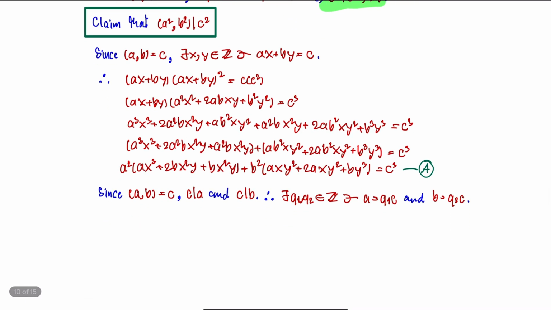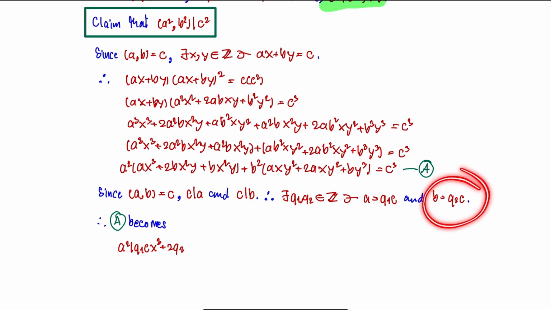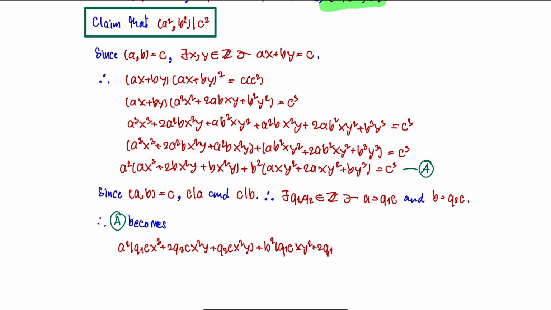Then what happens to equation A? Equation A becomes a squared times (q1c x cubed plus 2 q2c x squared y plus q2c x squared y) plus b squared times (q1c x y squared plus 2 q1c x y squared plus q2c y cubed) equal to c cubed.